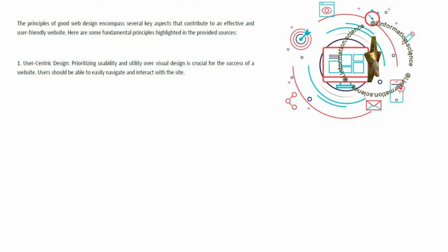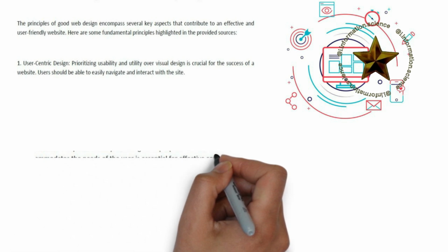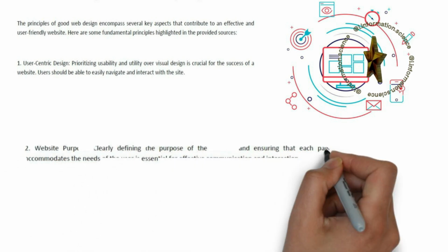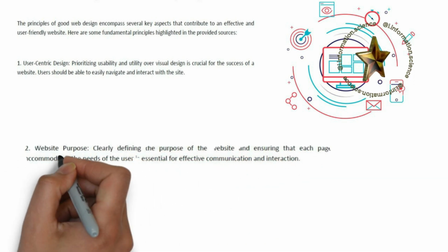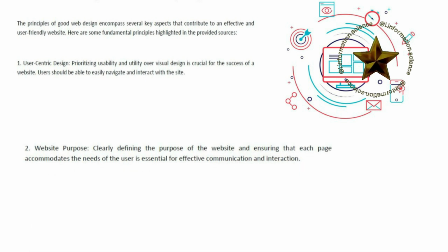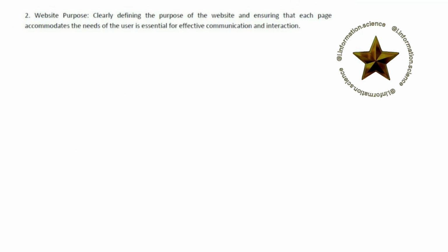Users should be able to easily navigate and interact with the site. 2. Website purpose. Clearly defining the purpose of the website and ensuring that each page accommodates the needs of the user is essential for effective communication and interaction.